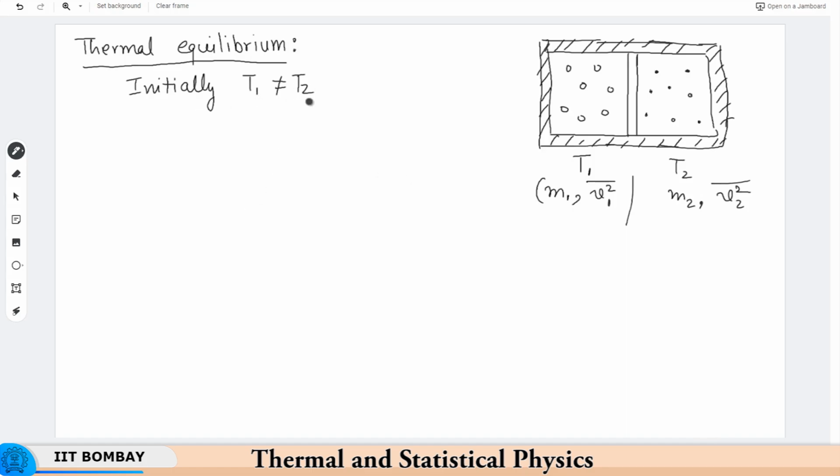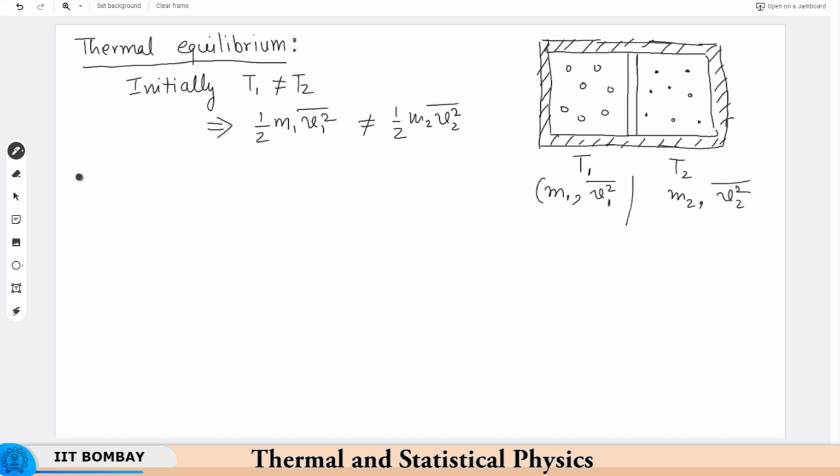And when we say initially T1 is not equal to T2, remember by definition we can just write that half m1 v1 squared average is not equal to half m2 v2 squared average, right.